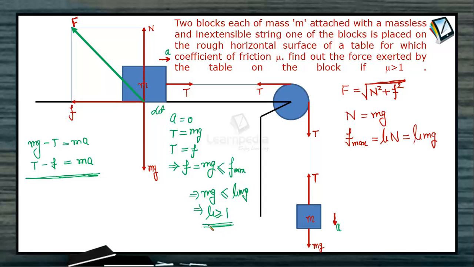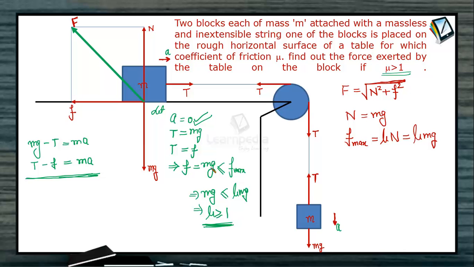So here we have got to know that when the friction coefficient is greater than 1, acceleration is going to be 0. In case mu is less than 1, acceleration would be there.